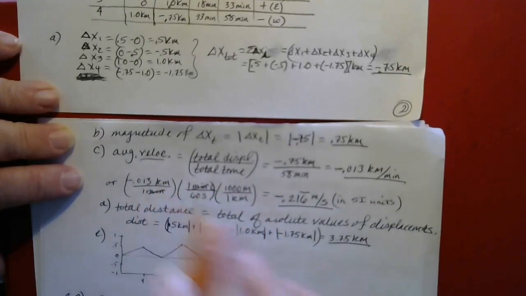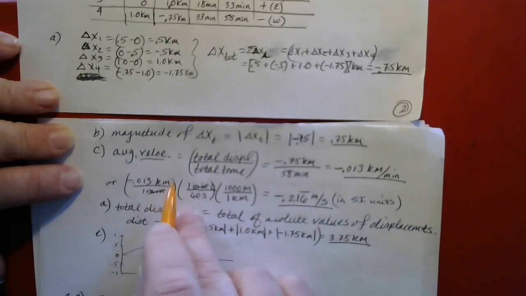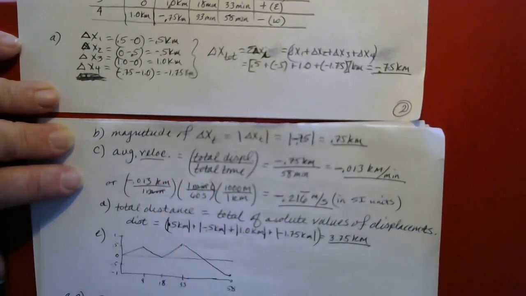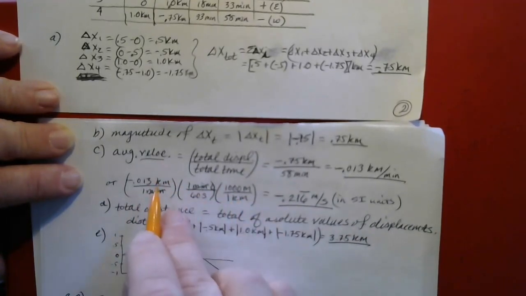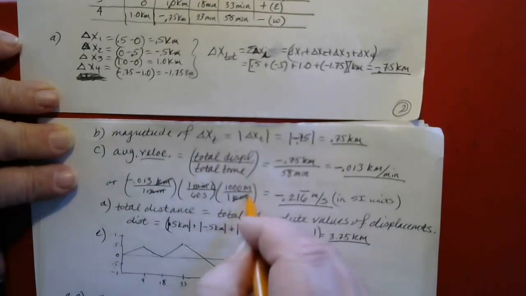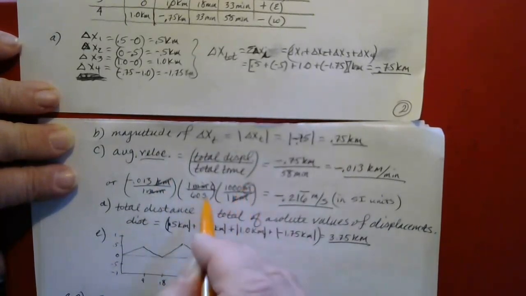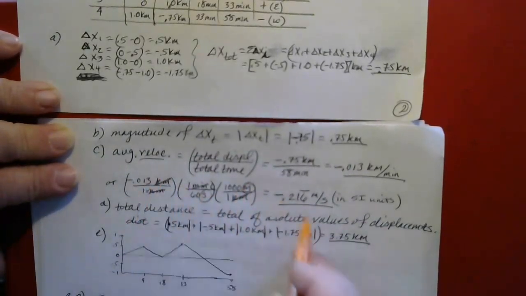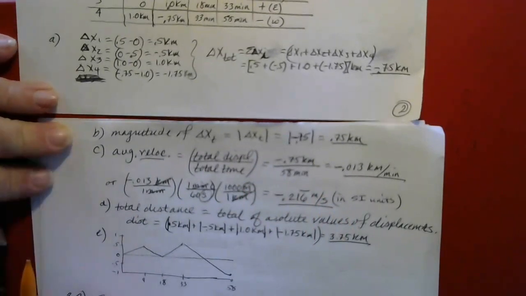But we want meters per second, so now we have to convert kilometers to meters, and there are 1,000 meters for 1 kilometer. Here we want kilometers as the unit on the bottom in the conversion factor because it has to cancel out with kilometers in the numerator. And so now we have meters per second as the units. And that would be negative 0.216 repeating meters per second. So if you wanted it in SI units, that's how you can get it there.